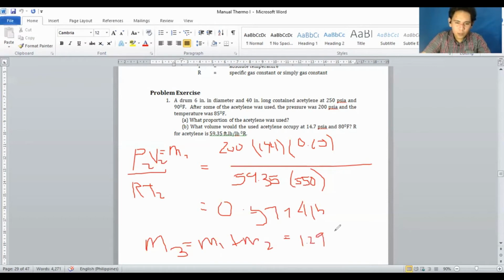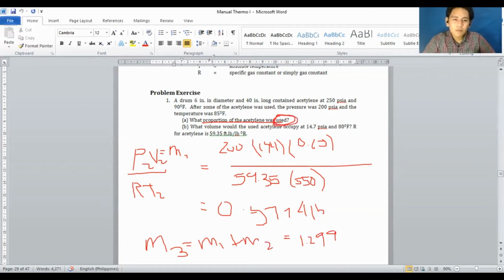No, this is not a total, because the question asks only for the proportion of the acetylene used. So therefore, your mass 1 should be subtracted from your mass 2, because the problem is asking for the acetylene used only, not the total acetylene.